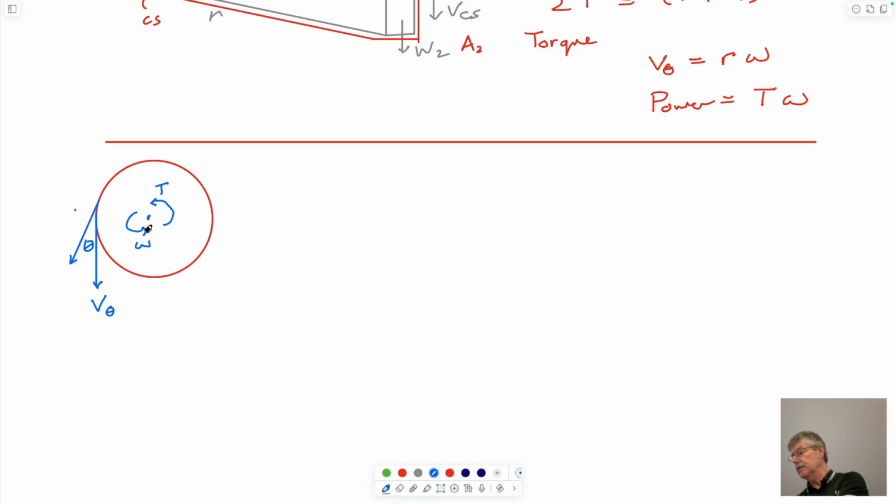So we talked about right-hand coordinate system, x, y, and z. The coordinate system for rotational is z, and then the fingers are the direction of rotation. It doesn't really matter. It works out the same in every direction. You just have to choose a coordinate system of how to do it.